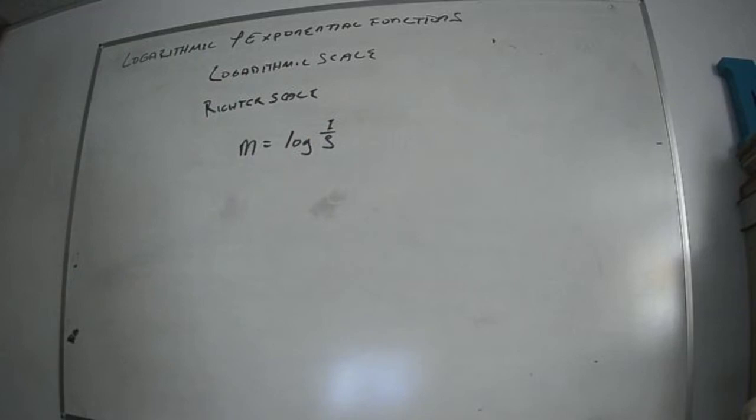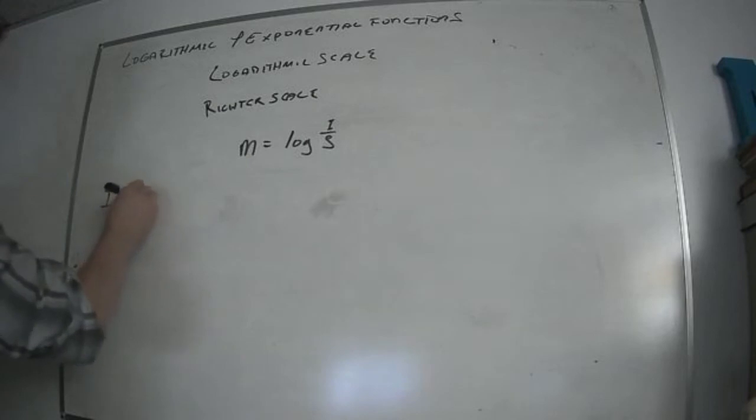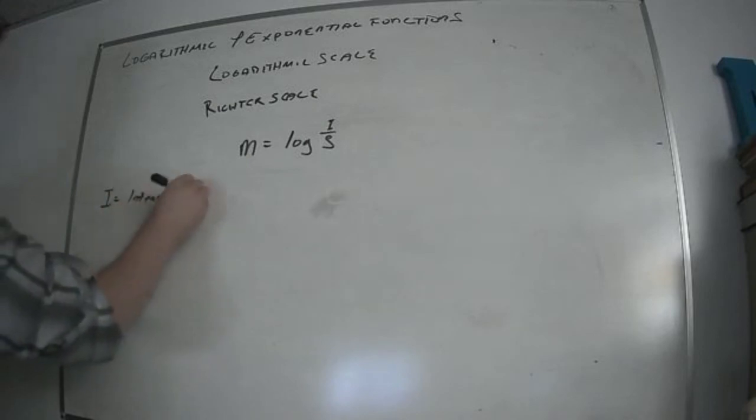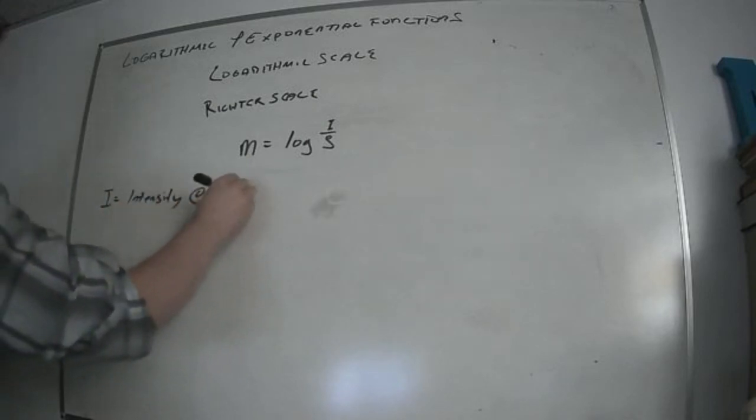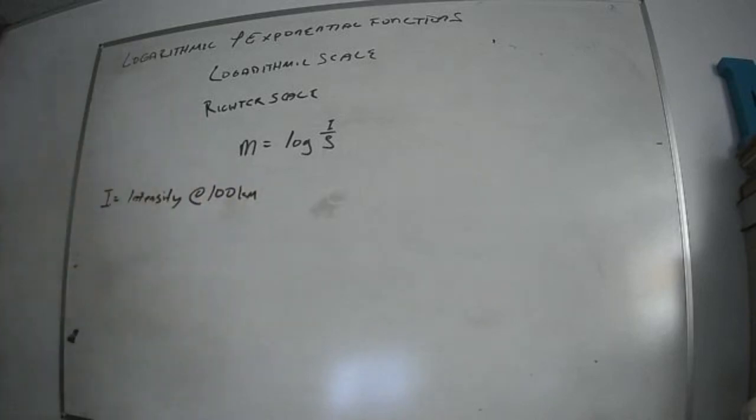So what this is: I is the intensity at 100 kilometers away from the epicenter of the earthquake.